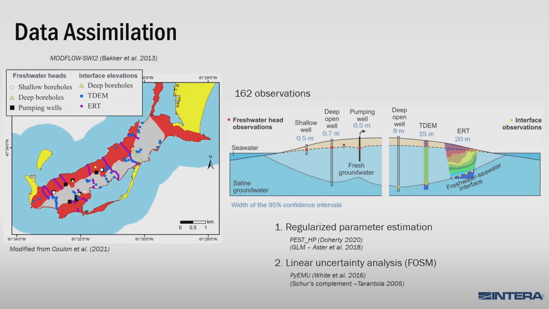So we constrained parameter estimation against 162 observations, so freshwater head observations that we extracted from different sorts of wells, and interface observations that we extracted from wells and inverted geophysical data. So after regularized parameter estimation with PEST_HP, we did linear uncertainty analysis with pyEMU.